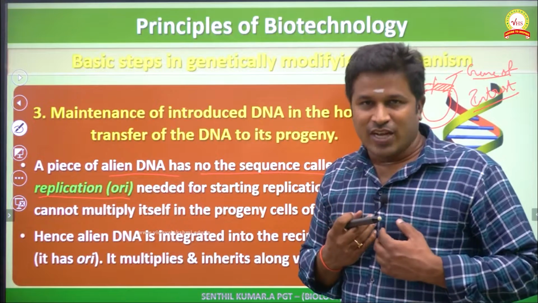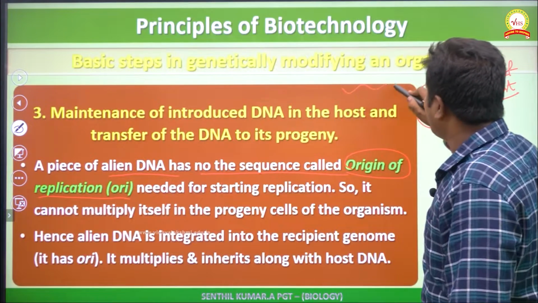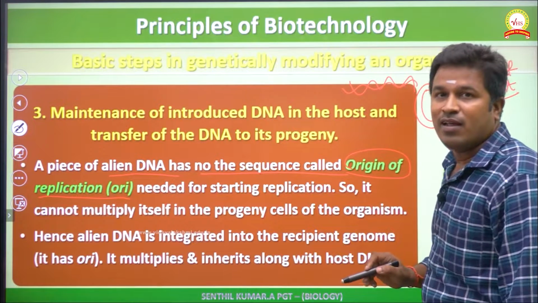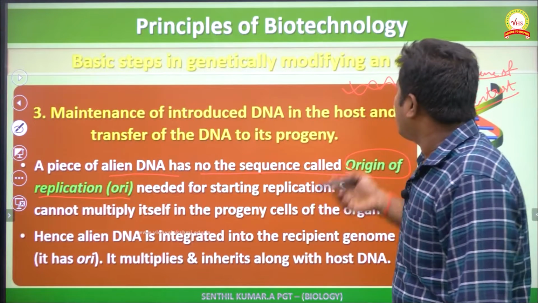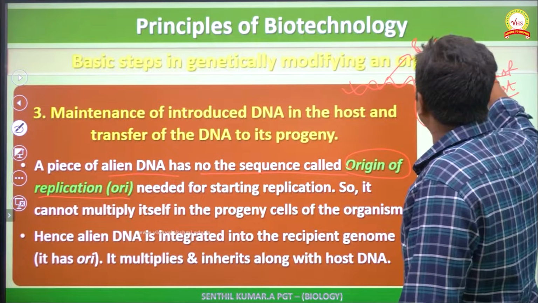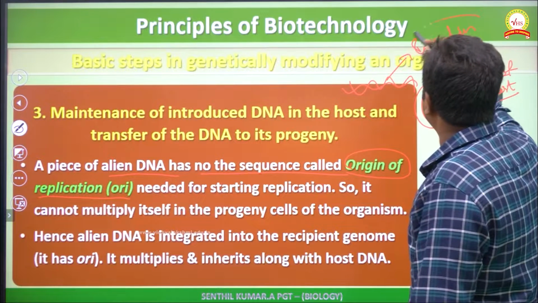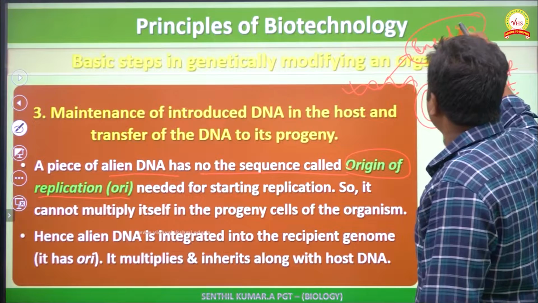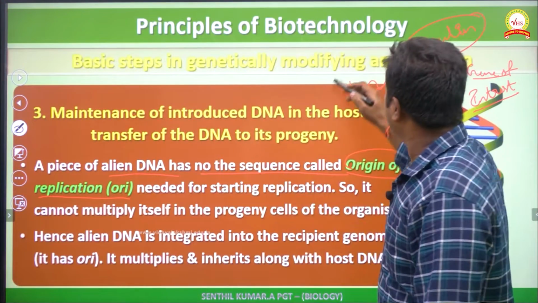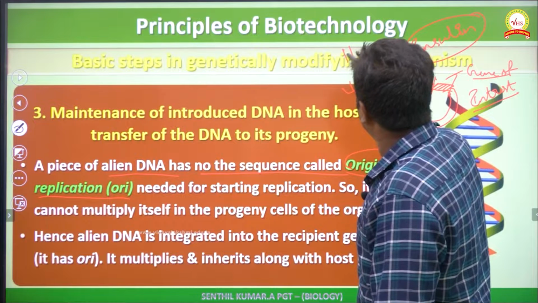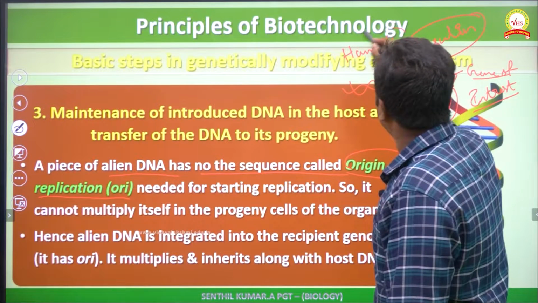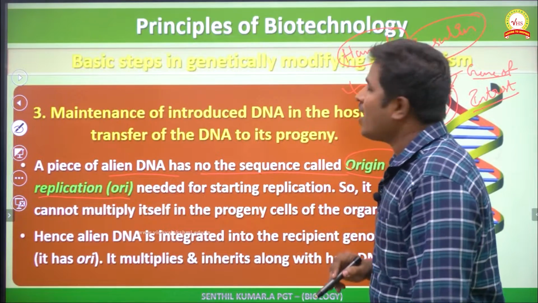Whatever desired gene we have taken, for example this fragment of DNA, we have taken it for insulin. This gene is responsible for expression of insulin, to make humulin, which is nothing but insulin.